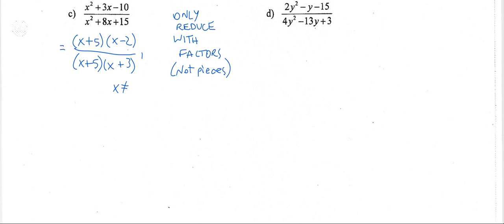Restrictions are very hard to find until you factor. Once you factor, they should be clear. So here, -5 and -3. Those are the x's that will make the fraction undefined. So x cannot equal those. And now I can reduce the entire factor x plus 5 with x plus 5, leaving x minus 2 over x plus 3, and restate the restrictions.